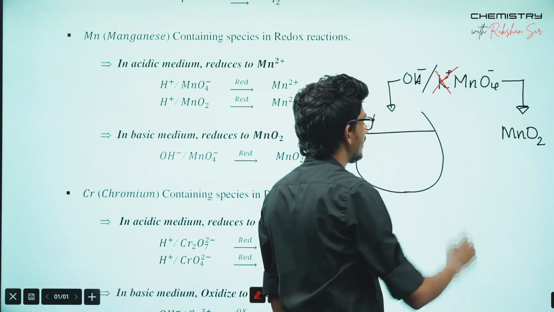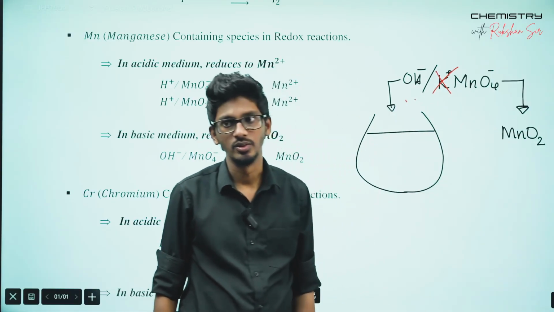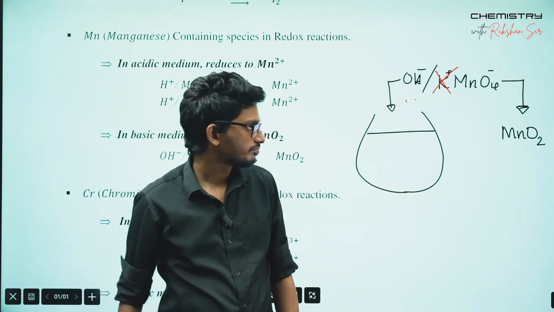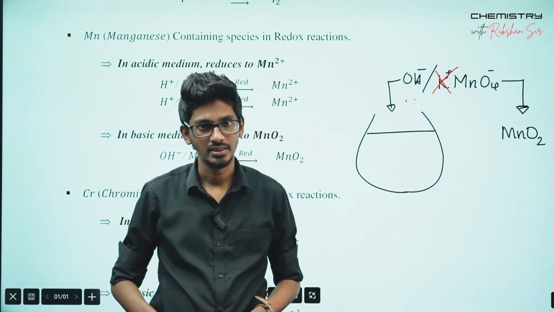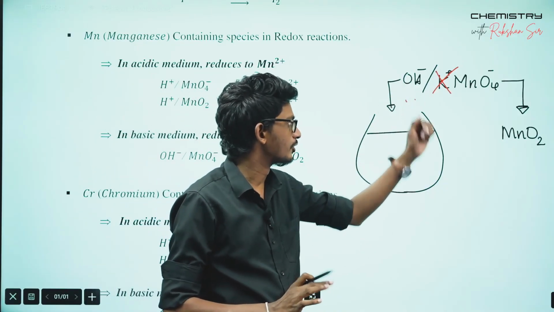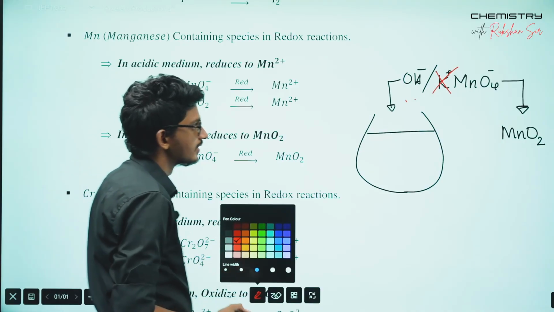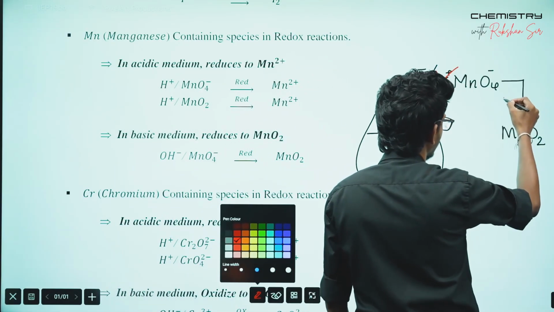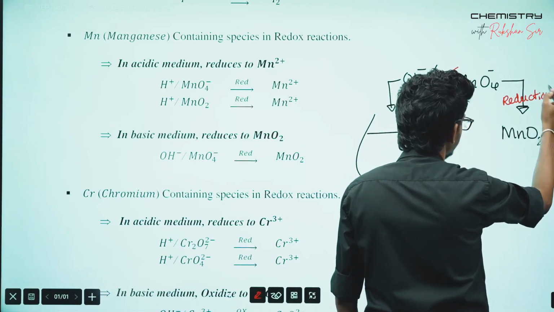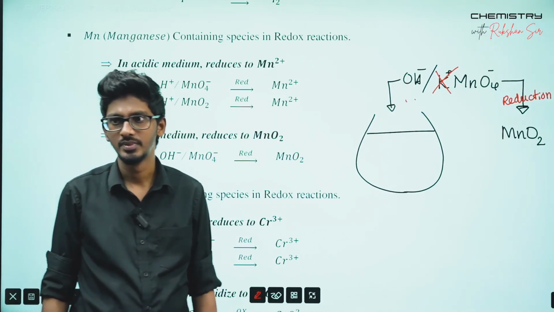So in basic medium, MnO4- always reduces to MnO2. Keep that in mind. That is how manganese containing species behave in redox reactions in basic medium. This is a reduction. The idea is clear.